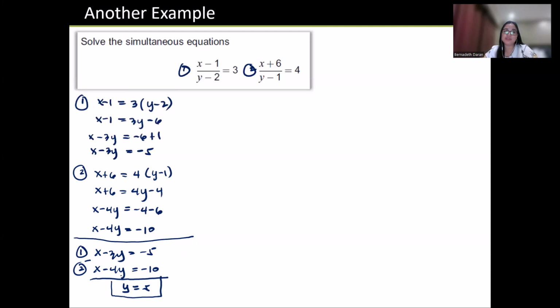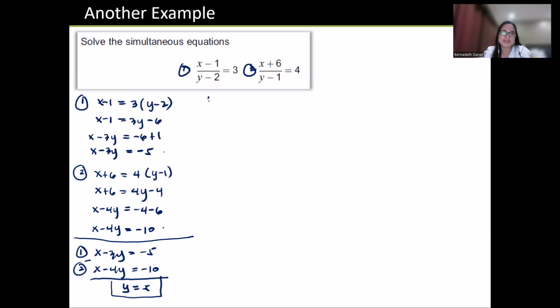Now, we are going to substitute this to any of the equations to solve for x. So you can substitute it either at equation 1 or at equation 2. As for me, I will substitute this to equation 1 because here we have smaller number, okay? 3 is smaller than 4, right?